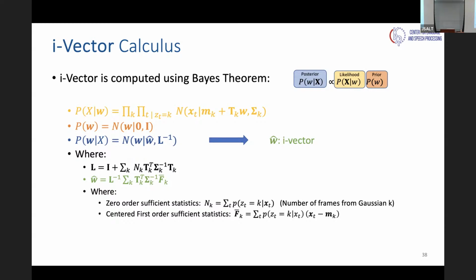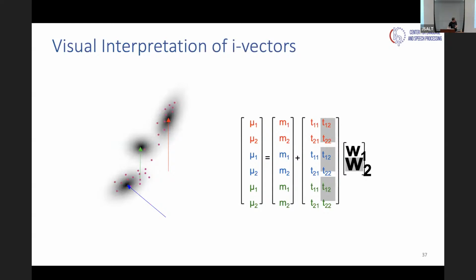For each Gaussian k, and for each time step that belongs to Gaussian k, you have a Gaussian that has a mean equal to m_k plus T_k w, which is the mean and the T matrix in block k of the matrix equation.